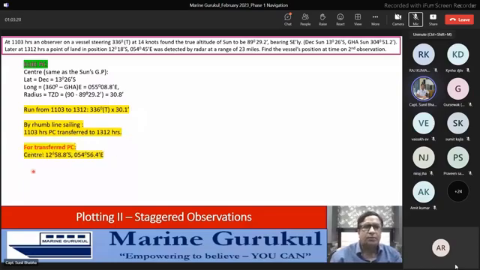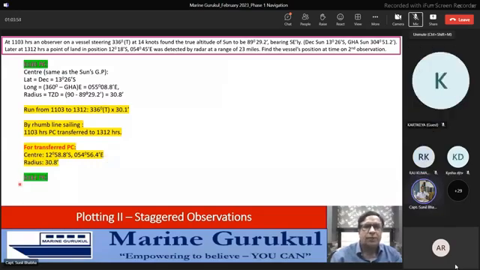The center comes to 12 degrees 58.8 minutes south and 054 degrees 56.4 minutes east. Please do this calculation and see that you're comfortable and you are able to get this as the center of the transferred PC. The radius obviously shall remain the same as the original PC, which will be 30.8 miles.